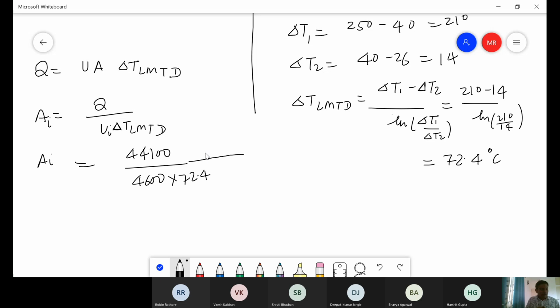And one minute, some unit change, C P is 0.14.